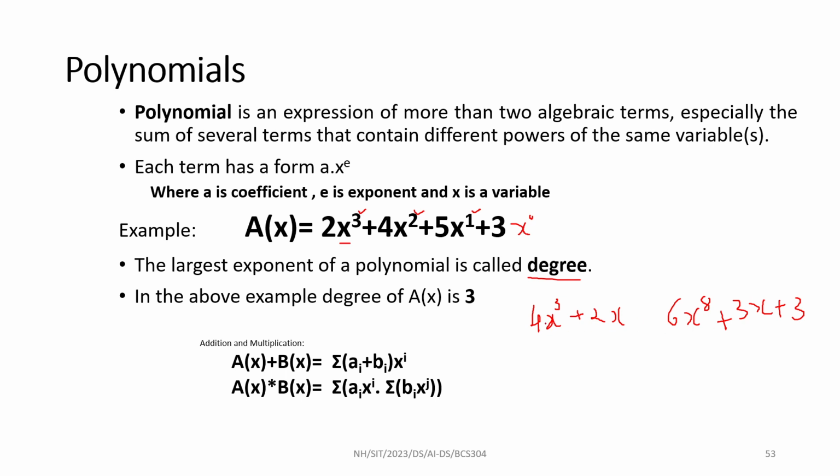You can add only if exponents are same. The first term of this is 3, but x cube is not there, x power 3 is not there, so just leave it. Next, this one 6x power 8, here it is not there, so that will go to resultant polynomial x power 8. This is over. Then the next smaller power is x cube, that is 4x cube.